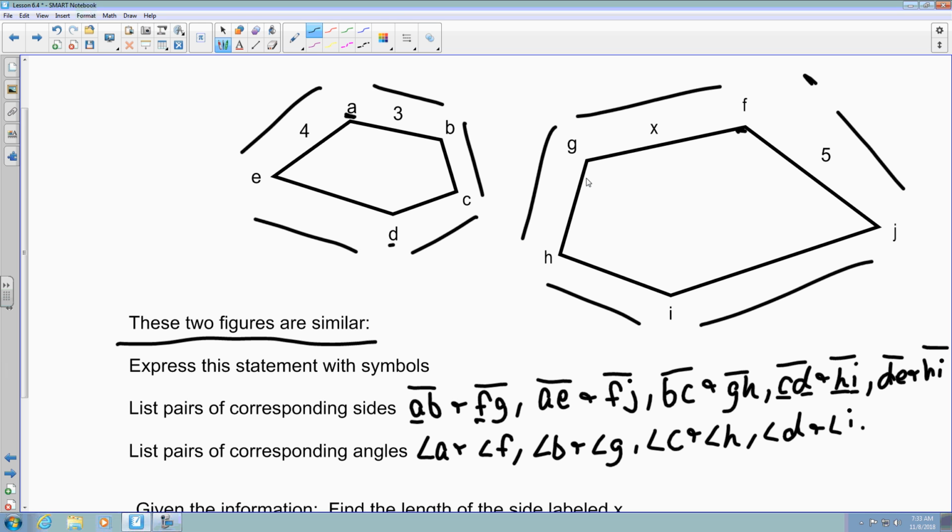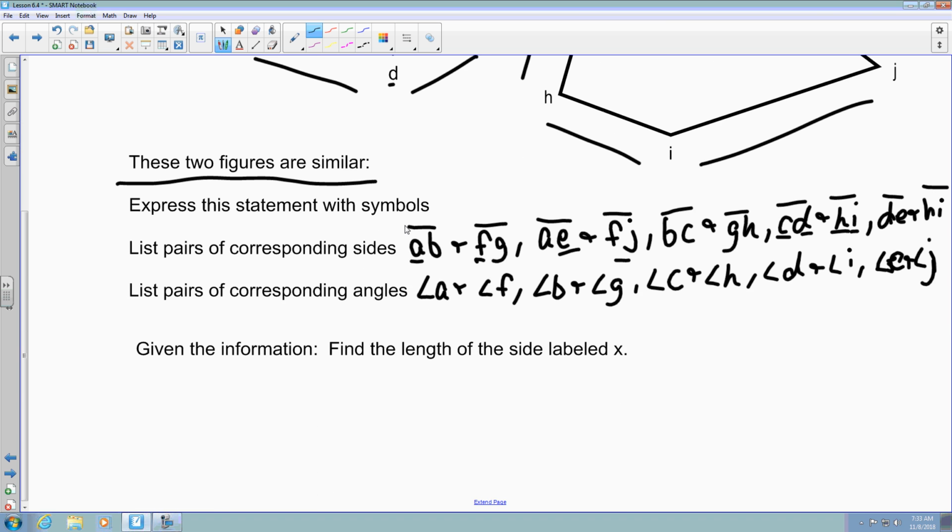And to finish up, looks like I got E and angle J. So if you look at E and J, it's written second, it's written second. So that's how we can establish that.